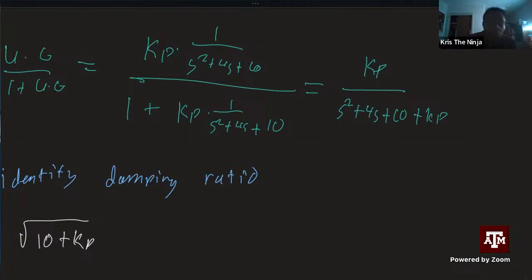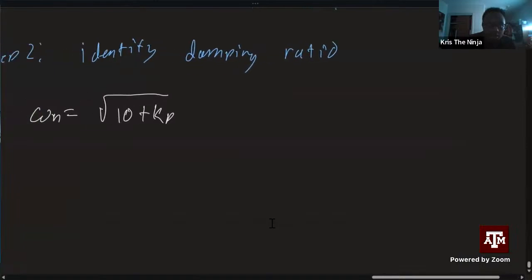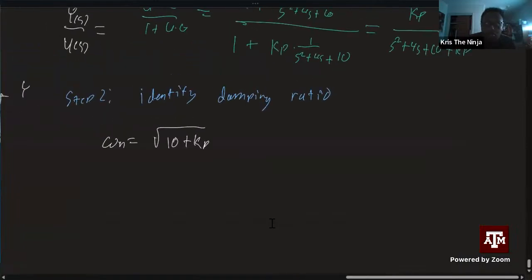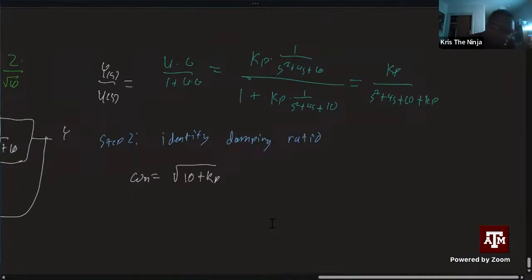So now we go back over here and we put that into our two times zeta n, so 2 zeta n omega n equals 4.